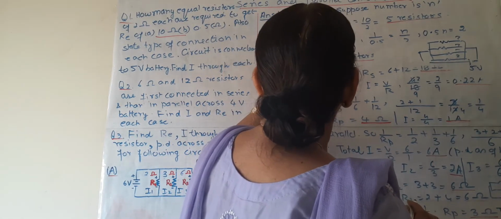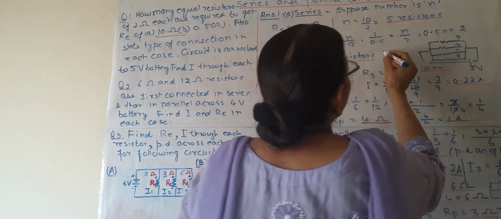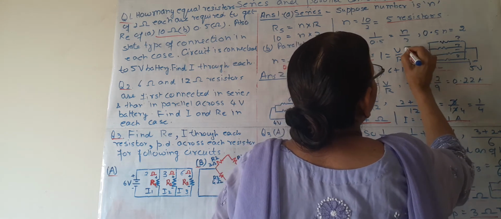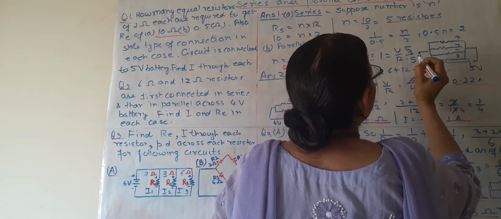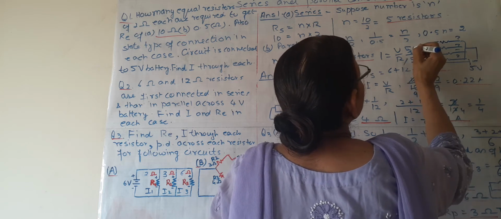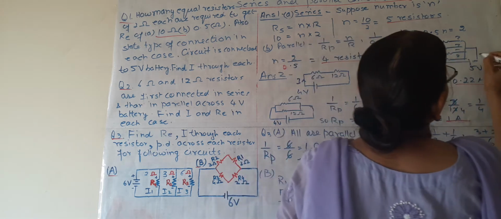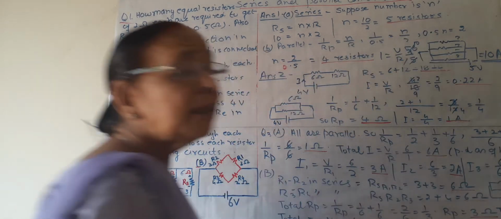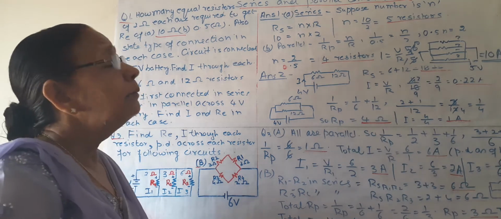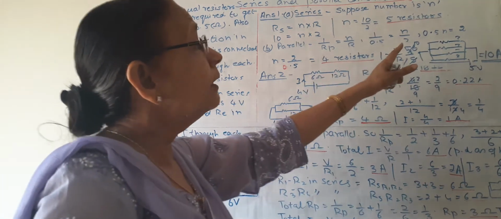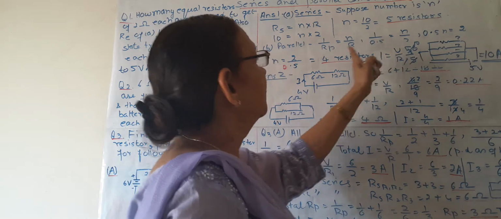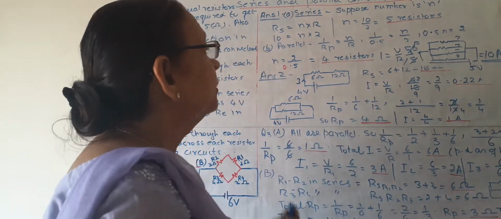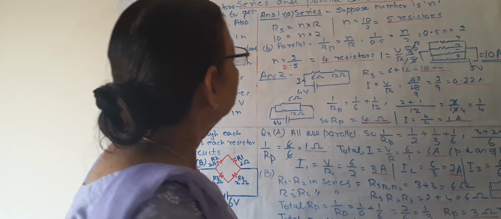Total resistance is 0.5, it is already given. So I is equal to V upon R, or 5 upon 0.5. R is 0.5, so the total current will be 10 ampere. So have you seen the difference between series and parallel? In series, the current is 0.5 ampere and in parallel, the current is 10 amperes. So this is how we will calculate the current.